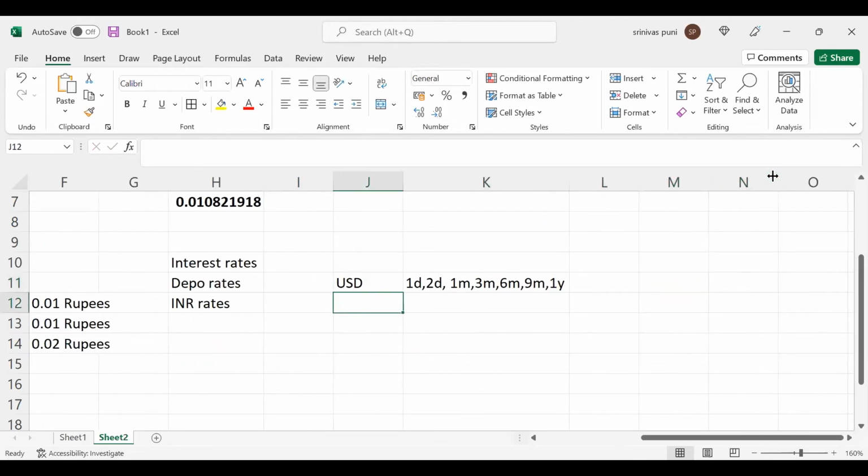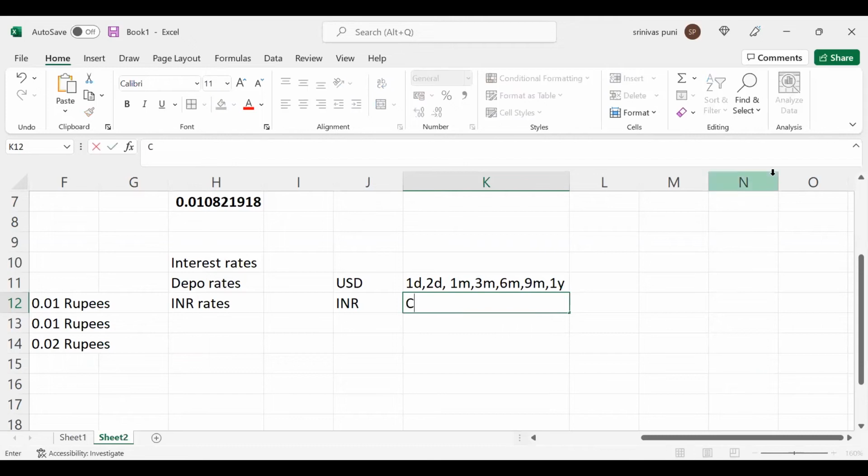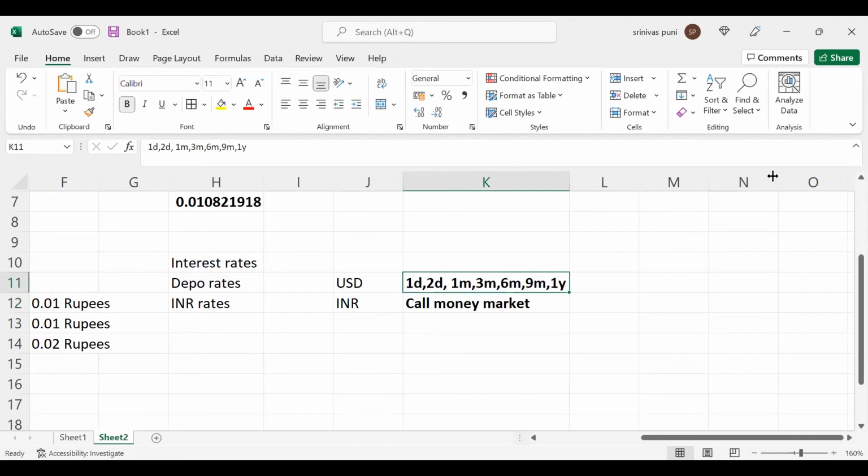But for INR rates, this market where banks can borrow and lend to each other, they are available for very, very short periods. They're not available for long tenors, like 1 month, 3 months, 6 months. But at least for 1 day, 2 days, they're available. And that money is called call money. Call money is basically the money on call in a way.